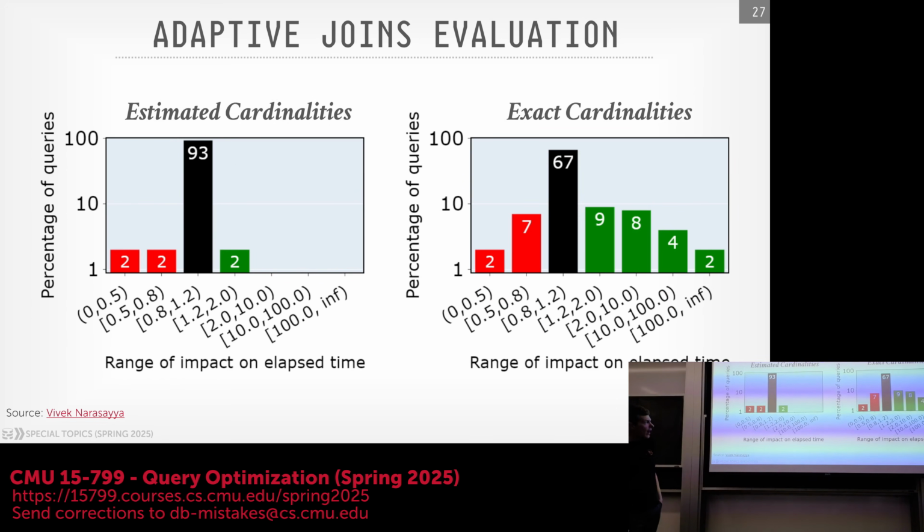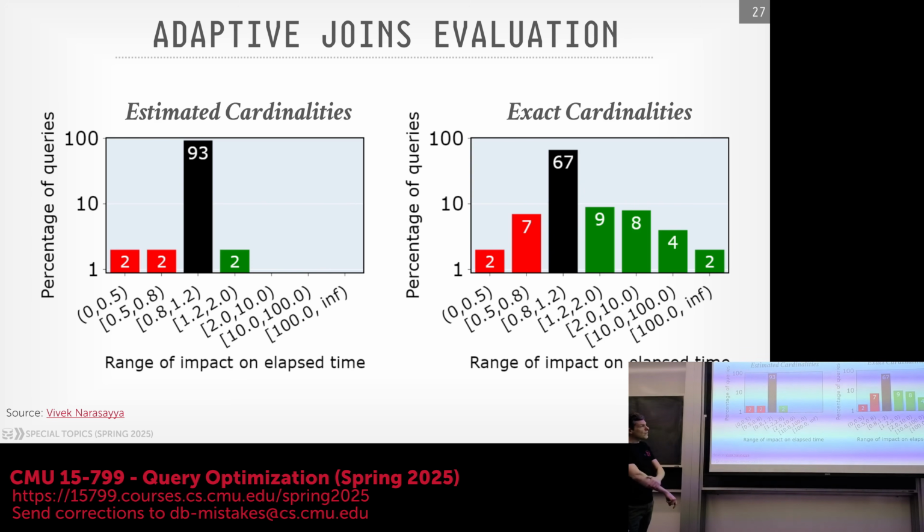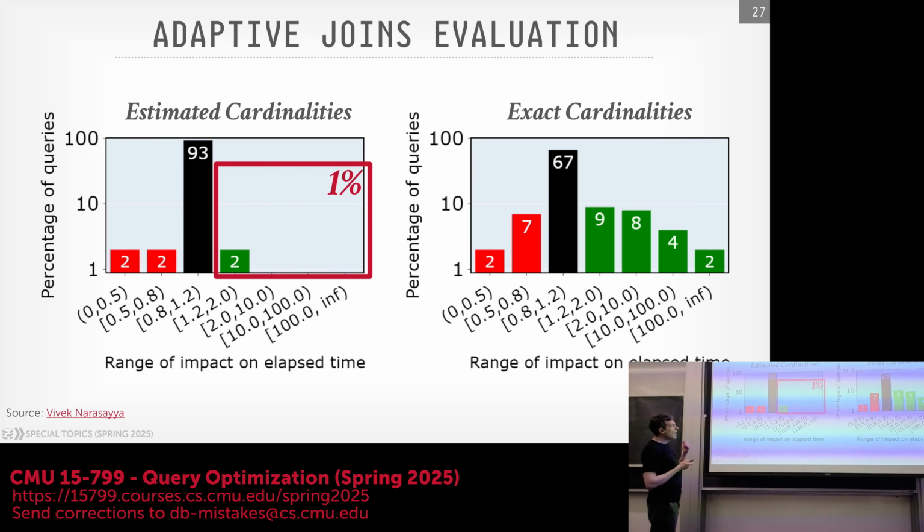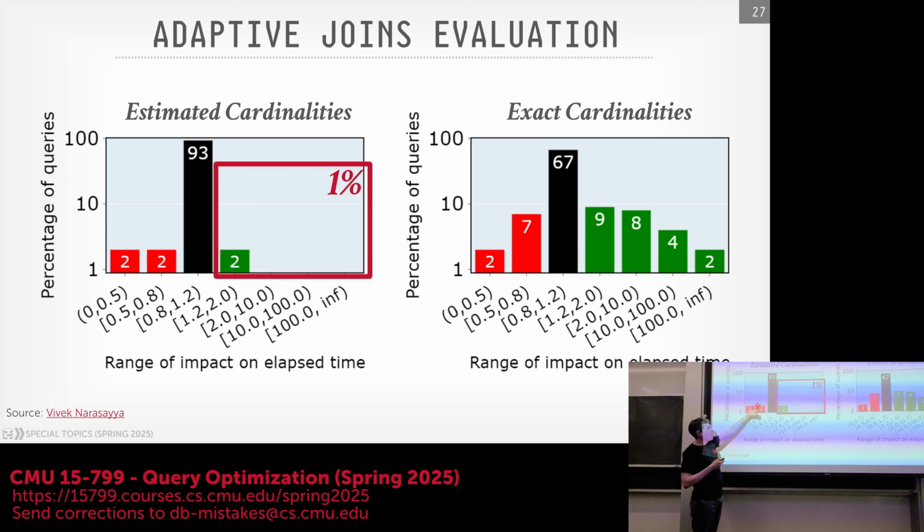All right, so this graph is not really surprising. It says that with estimated cardinalities, just doing an adaptive join doesn't give you a huge benefit.